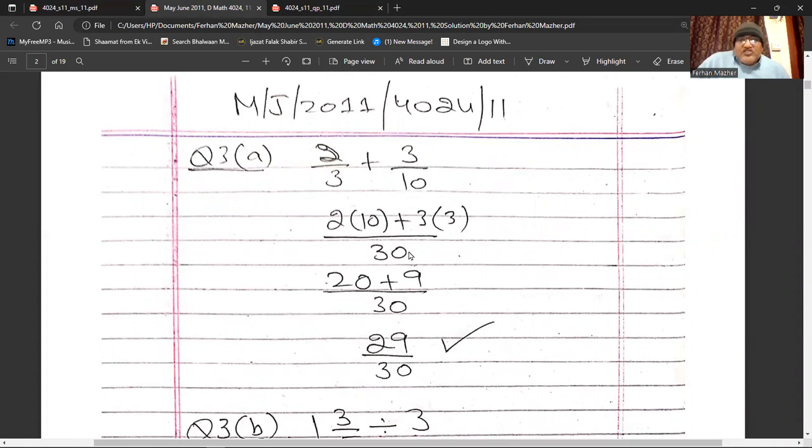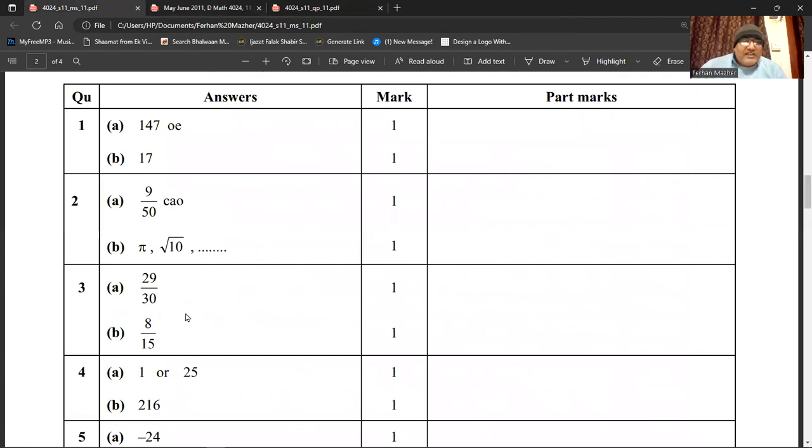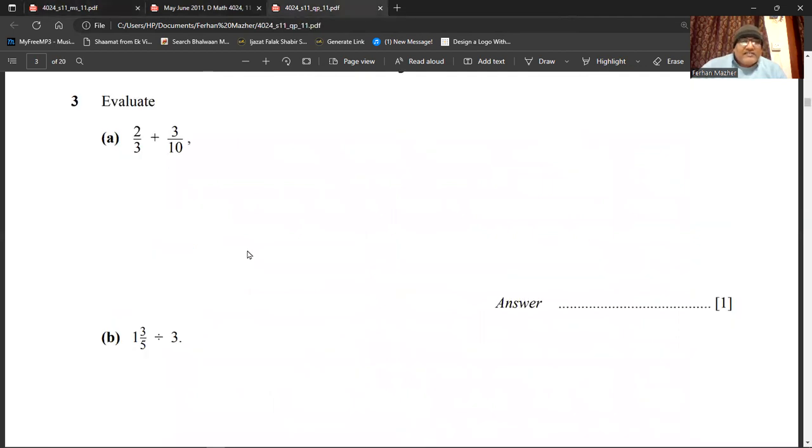Divide the LCM with this denominator, you get 3, so that 3 will multiply with this numerator. So you will get plus 3 into 3. It will become 20 plus 9 and the whole thing divided by 30. So that will be 29 by 30. 29 by 30 is the right answer, sir.